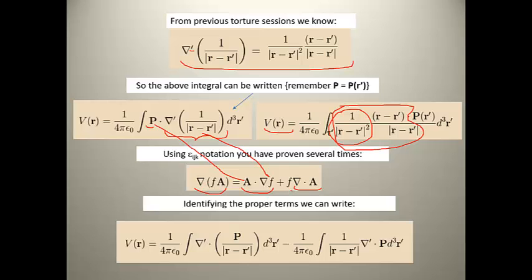The minus sign is associated with this here, and so our function again is 1 over funny r, and then the del dot vector, the vector is p, and so we have del dot p. So this expression here, which we've divided now into two volume integrals, is equivalent to this expression up here.